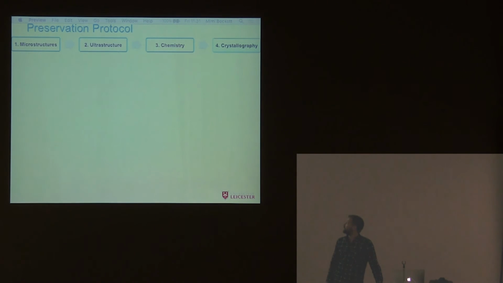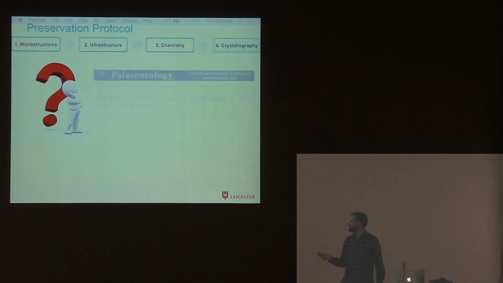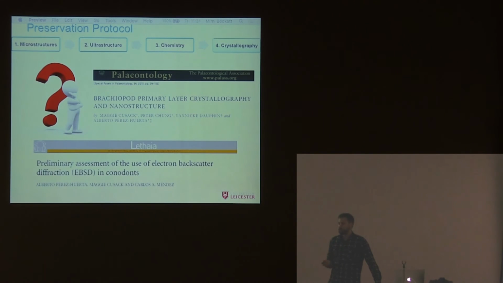So from the crystallography aspect, this is further work which is in development at the moment, and it's something that's been brought to the attention of the paleontology community by Maggie Cusack. I hope I'm pronouncing her name correctly.